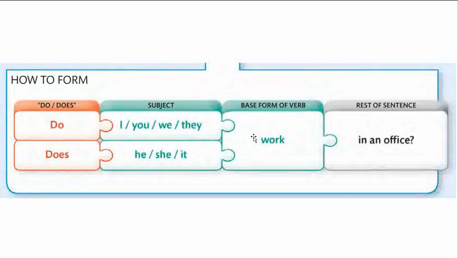Do we work in an office? Do they work in an office? Now, does goes with the third person. Does he work in an office? Does she work in an office? Does it work in an office? I hope this will help you self-evaluate your sentences.